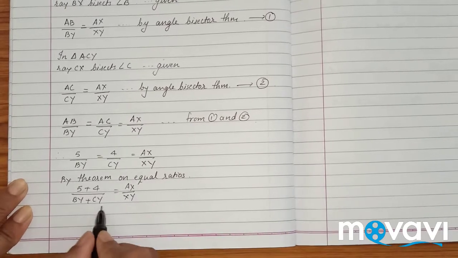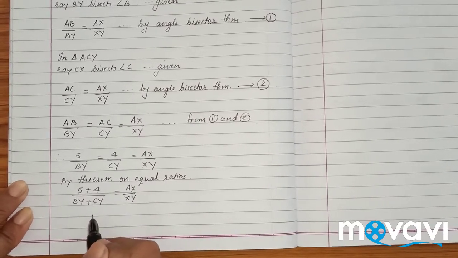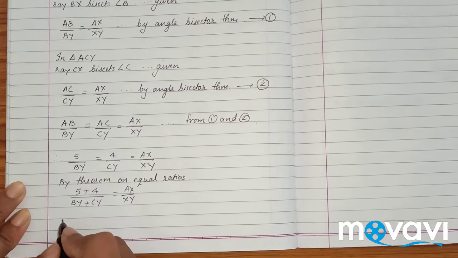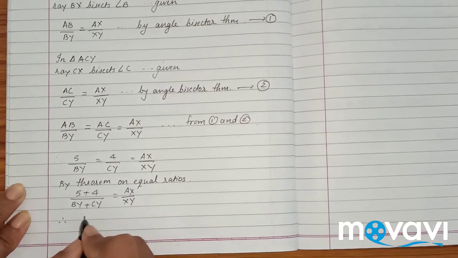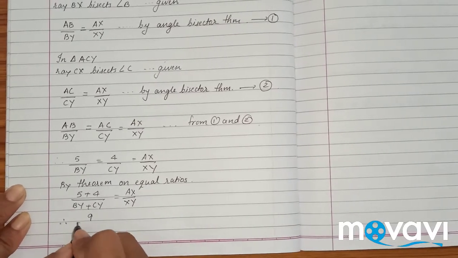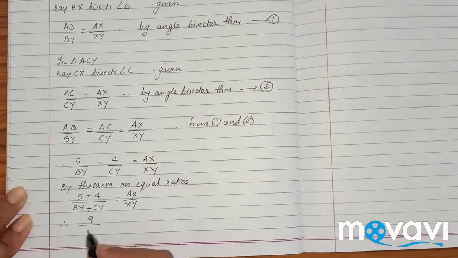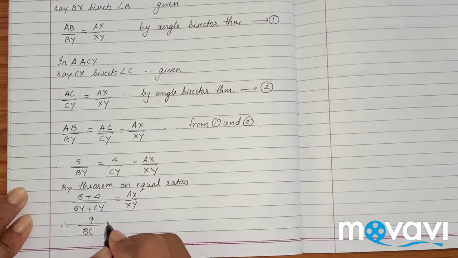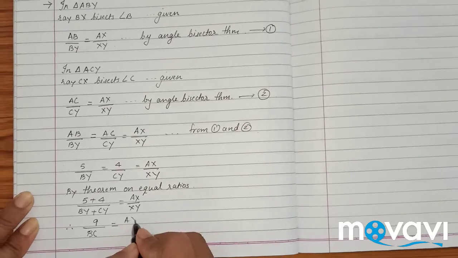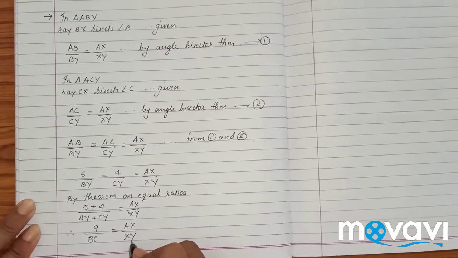Why? So that I can get BC over here. So now this addition will give me 5 plus 4 is 9 upon BY plus CY gives me BC is equal to AX upon XY.